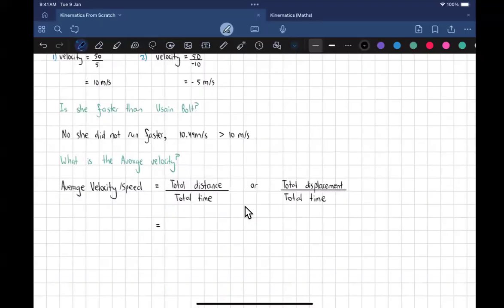Remember, 50. She ran towards the finish line and then she ran back. 100. So that would be 100. And what was the total time it took her? 22 seconds. So what's 100 divided by 22?